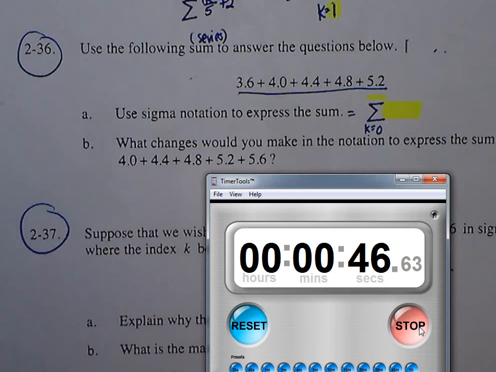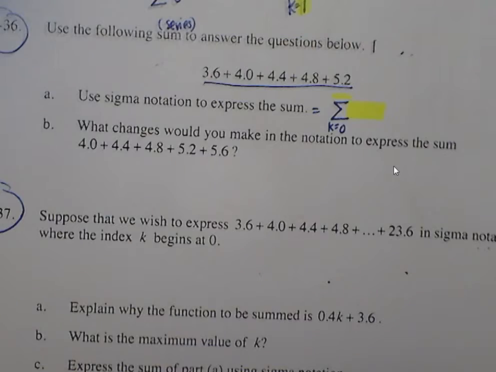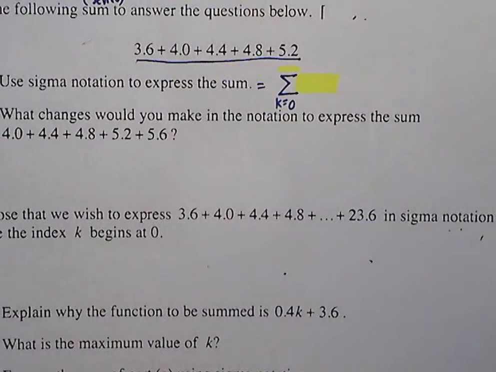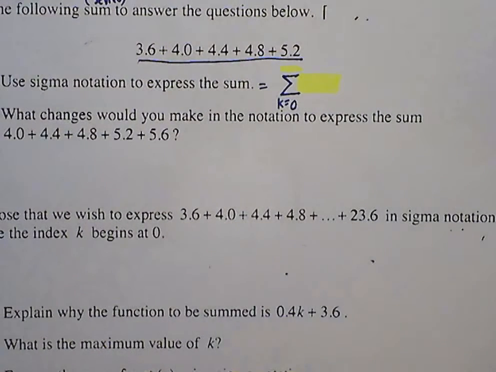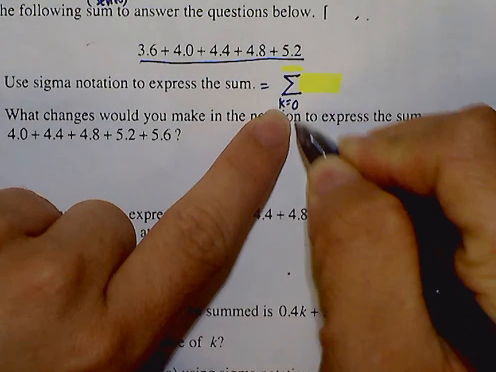Okay, we're gonna stop here. We have 40 seconds left. I think a lot of you have come to the conclusion, and I'm loving the engagement. I see every single person working and thinking and talking to each other. So if K starts at 0, what are we gonna have?